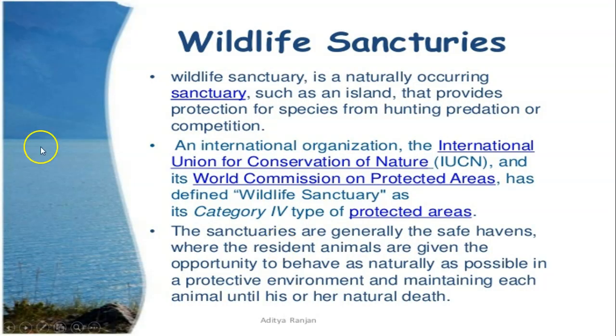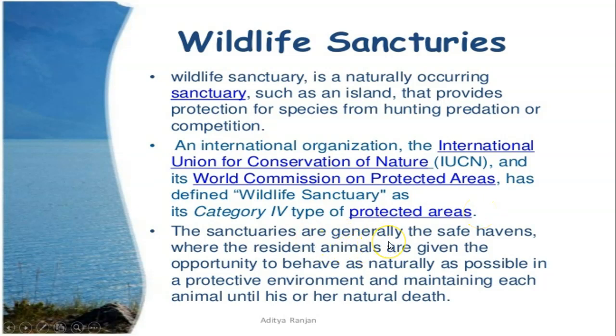Okay, wildlife sanctuaries. A wildlife sanctuary is a naturally occurring sanctuary, such as an island, that provides protection for species from hunting, predation, or competition. An international organization, the International Union for Conservation of Nature, that is IUCN, and its World Commission on Protected Areas has defined wildlife sanctuary as its category 4 type of protected area.